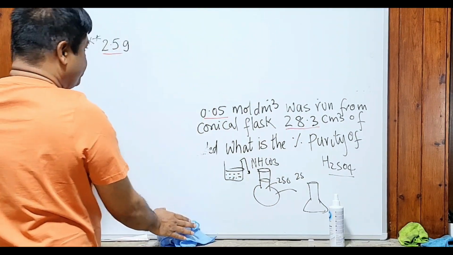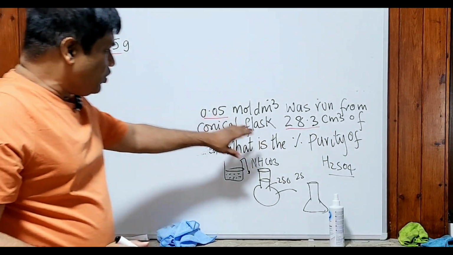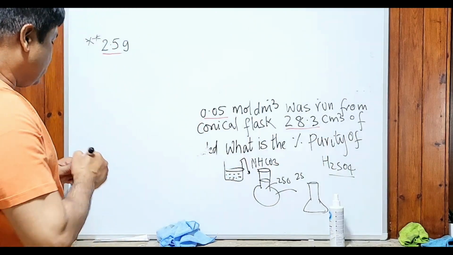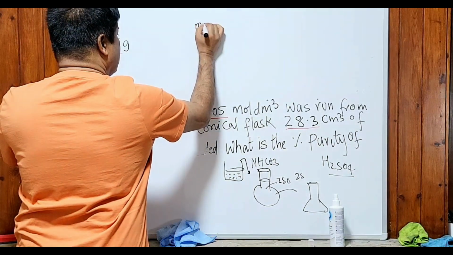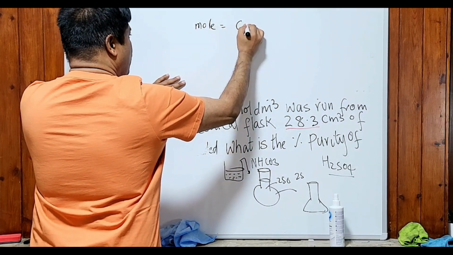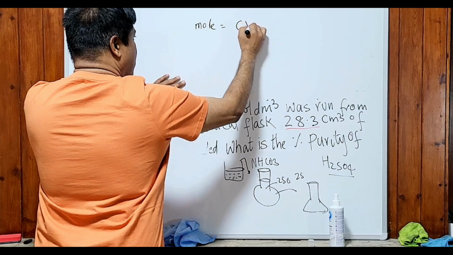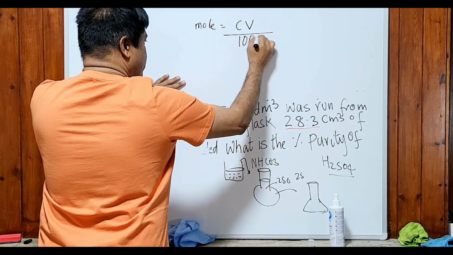So the first step is to work out the mole of the sulfuric acid, which is mole equals C, the conc of sulfuric acid, times the volume of the sulfuric acid divided by 1000.